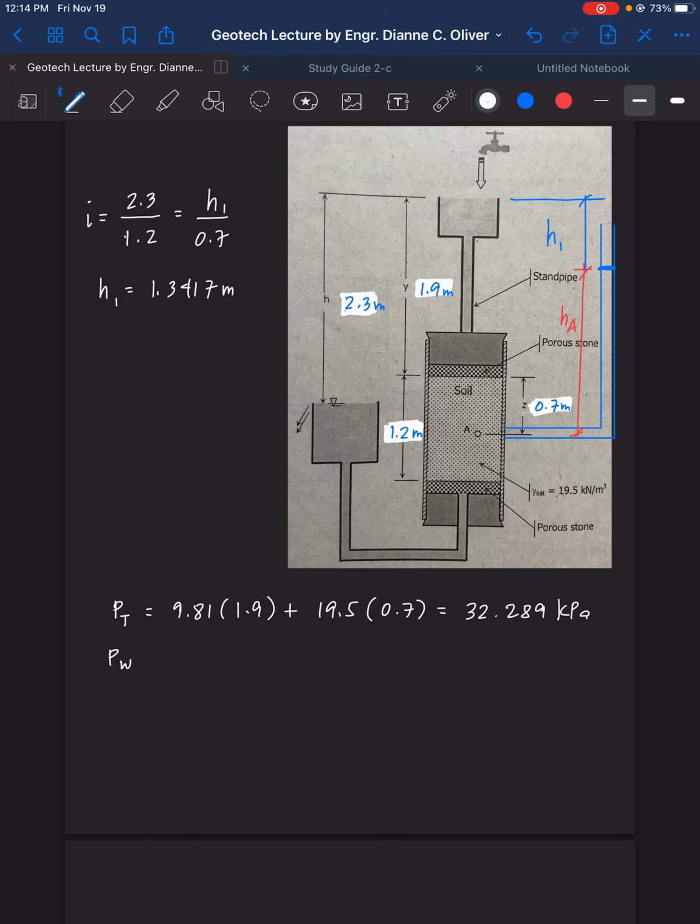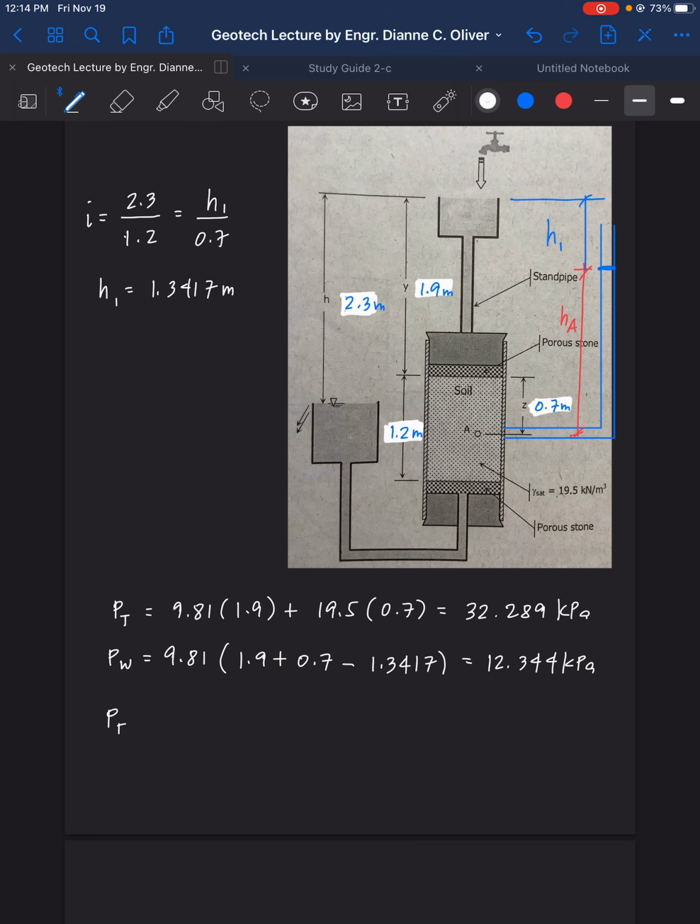1.3417 meter. Okay? So we now have P water equal to 9.81 times 1.9 plus 0.7 up to the point A here, minus H1 of 1.3417. So P water now is 12.344 kilopascal.